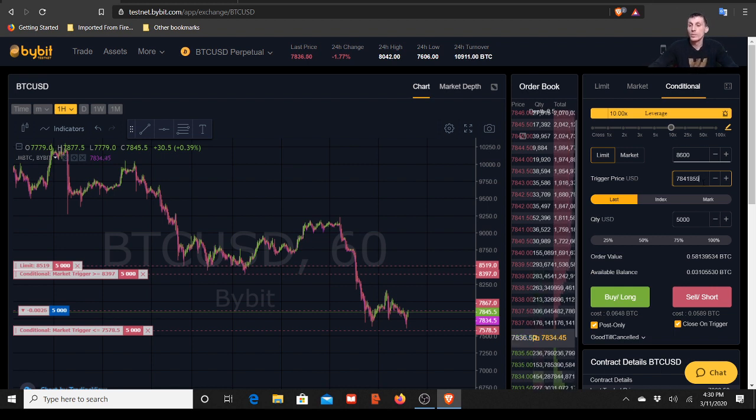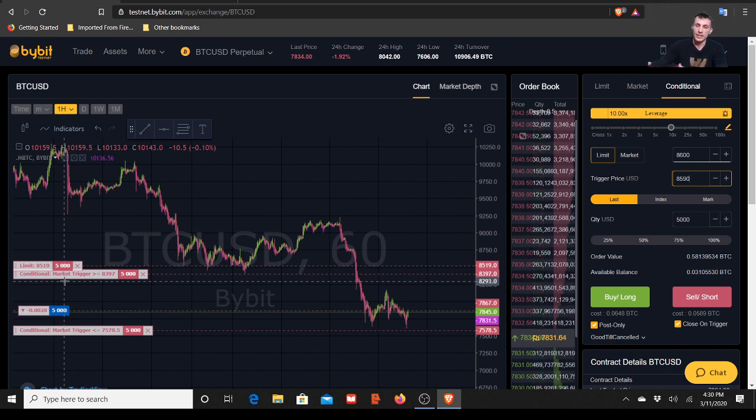I want it to trigger the 8,600 short order. I want to go 5,000 contracts, and since we are going short 5,000 contracts, we have to now long 5,000 contracts in order for the position to cancel out.